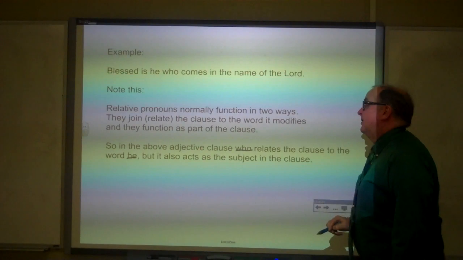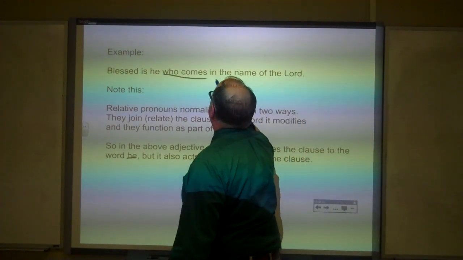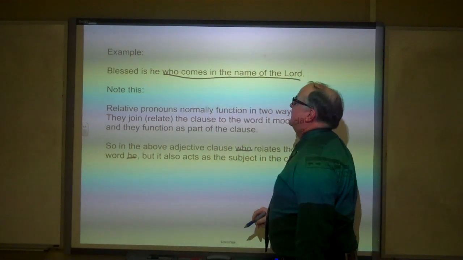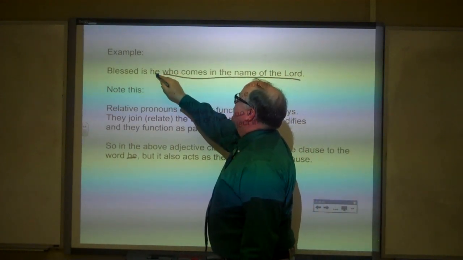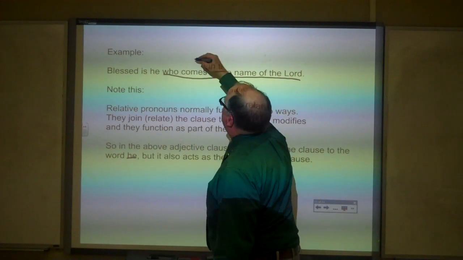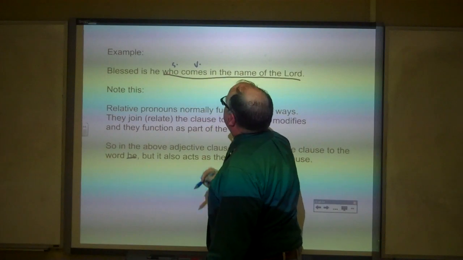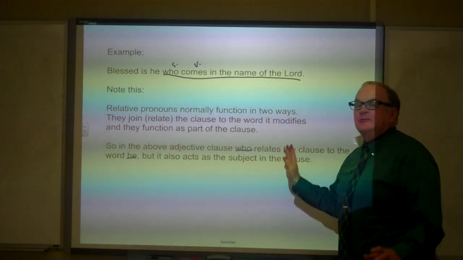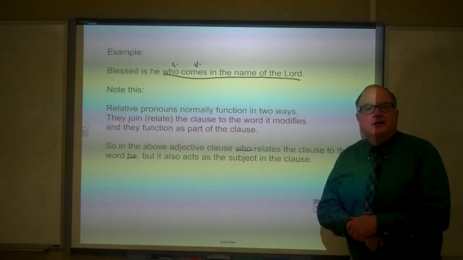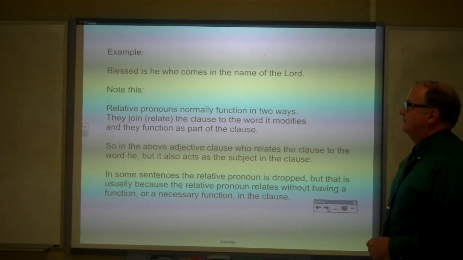But it also acts as the subject of the clause. So who comes in the name of the Lord? Comes is the verb, and who is the subject. That's pretty typical of what relative pronouns do. They have two functions in the clause.